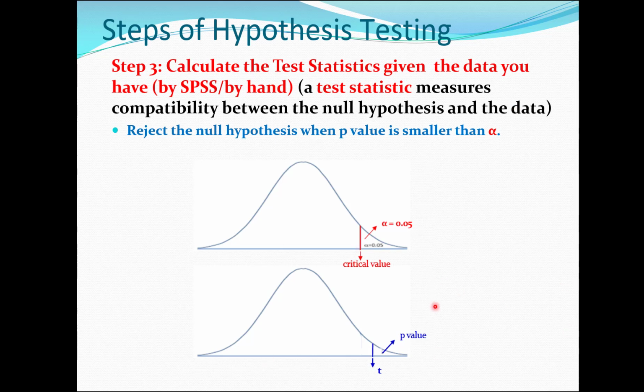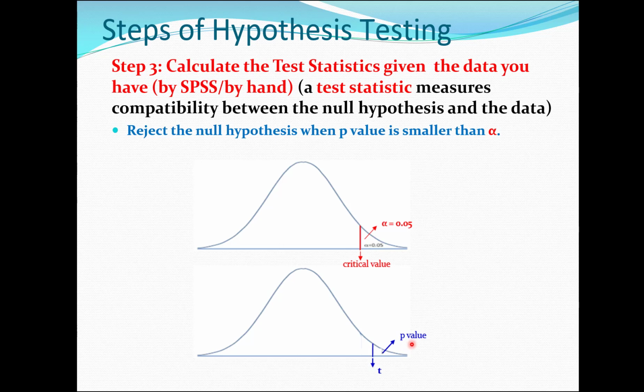Now, because my p-value, this area, is smaller than alpha, if we lay this graph on top of this graph, you should be able to see my p-value area is actually within this alpha area.